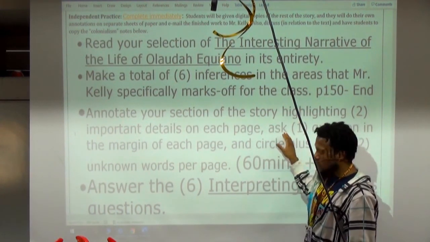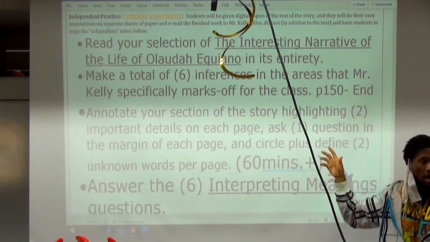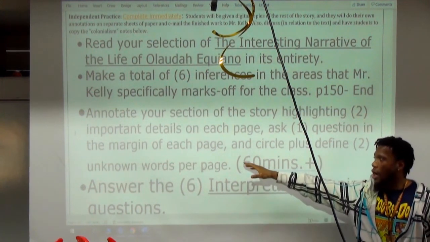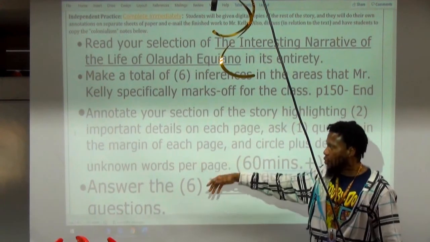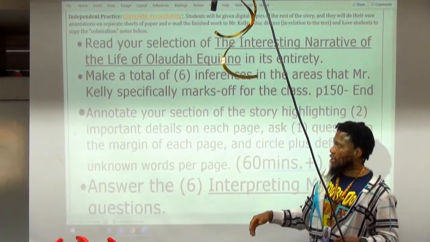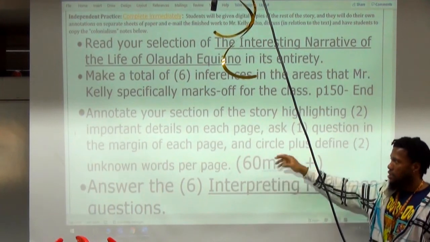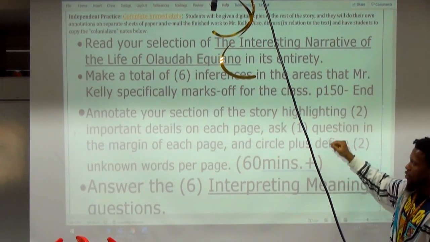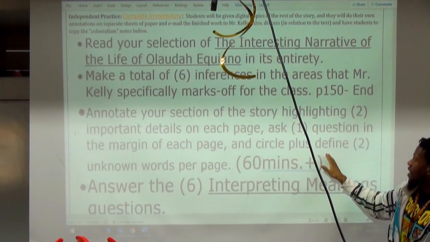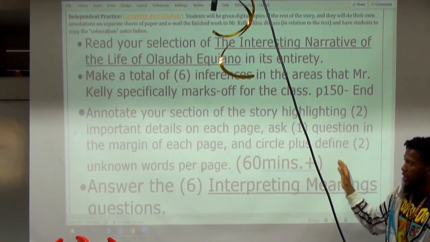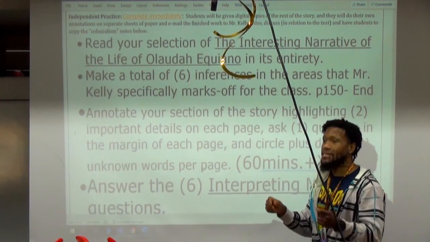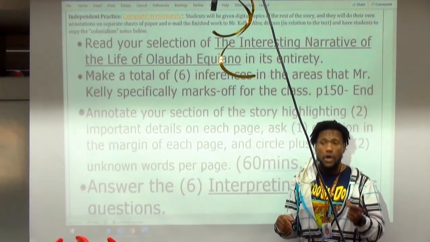You need to also make sure that you ask a question of each page before you leave that page. Ask one question in the margin. If we were writing in the book, it would be in the margin, but you're going to put yours in your connect questions area on your annotate inference model box. And then you are going to find 2 unknown words per page, so again a total of between 8 and 10 unknown words, but this time you're going to define those unknown words.